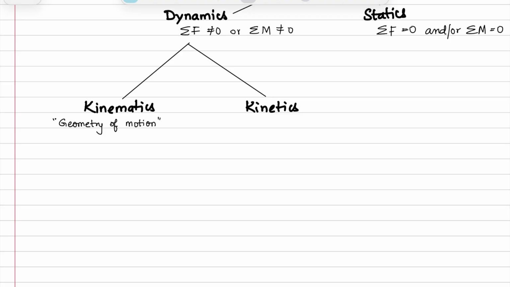And kinetics is the case where you're actually accounting for the forces or moments with the motion.